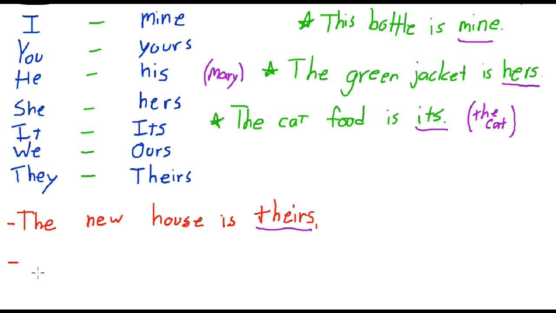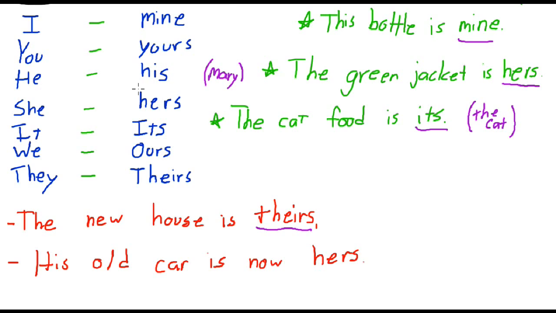But we can even get a little bit more in depth. We can make it a little bit more confusing. We can say his old car is now hers. That's an interesting sentence. His old car is now hers.